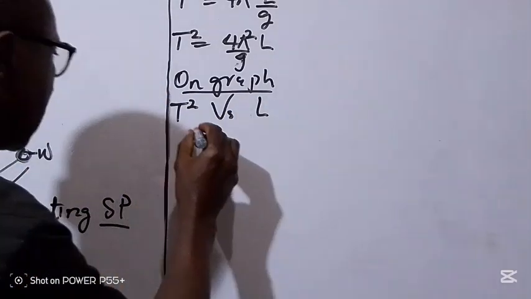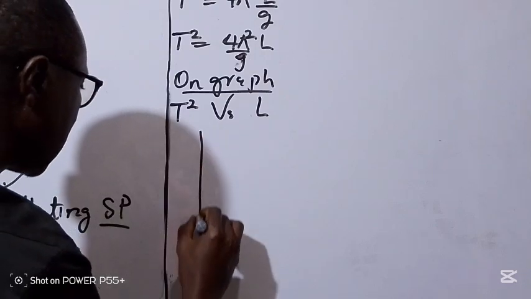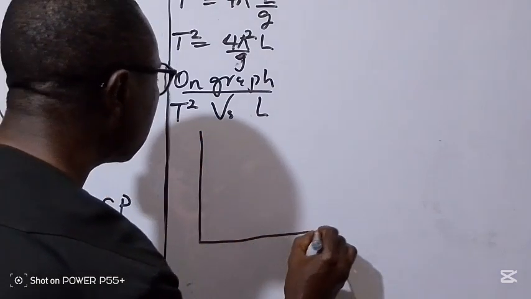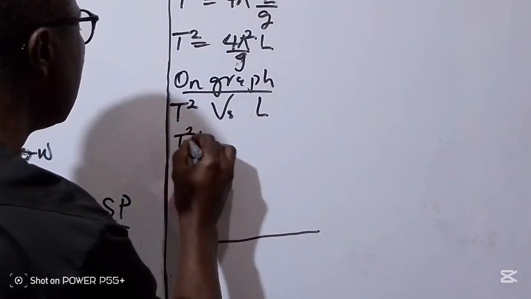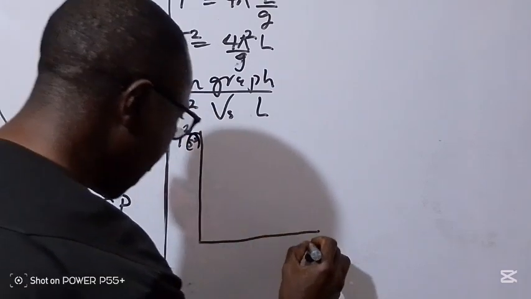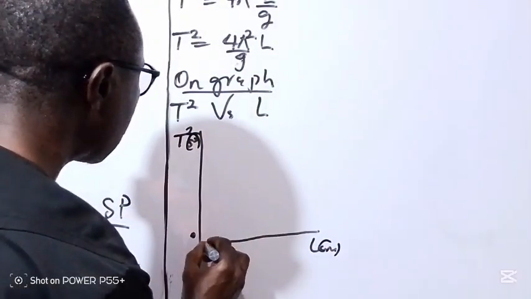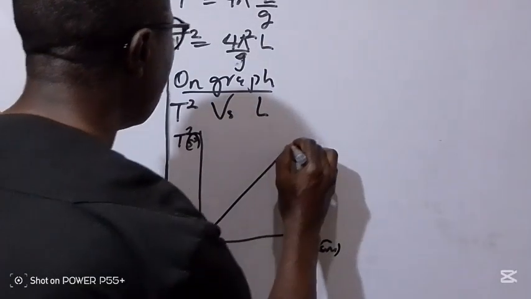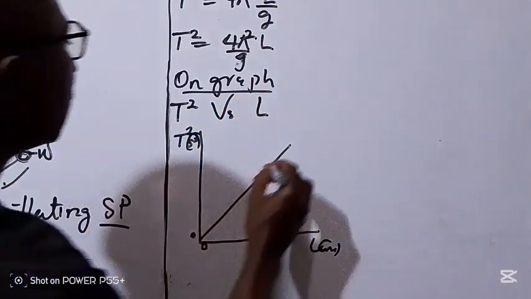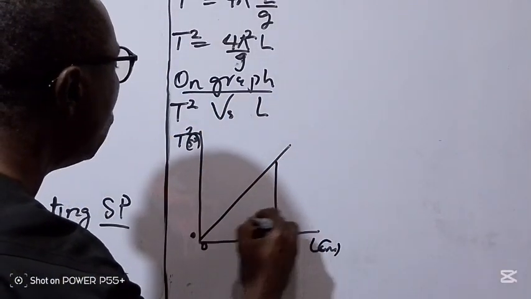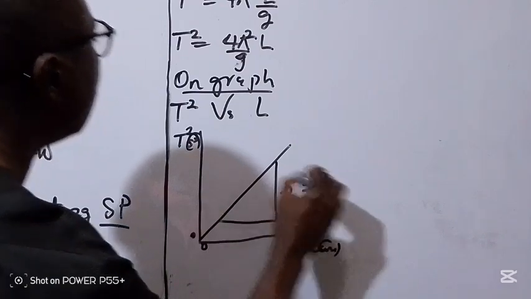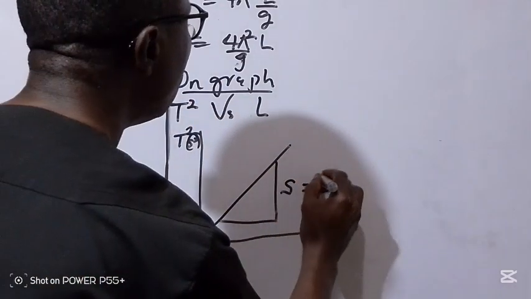That is, when you have something like this, T squared in seconds squared and L in centimeters. So the graph will start from the origin 0, 0. Now, the slope S of the graph is equal to 4 pi squared over g.